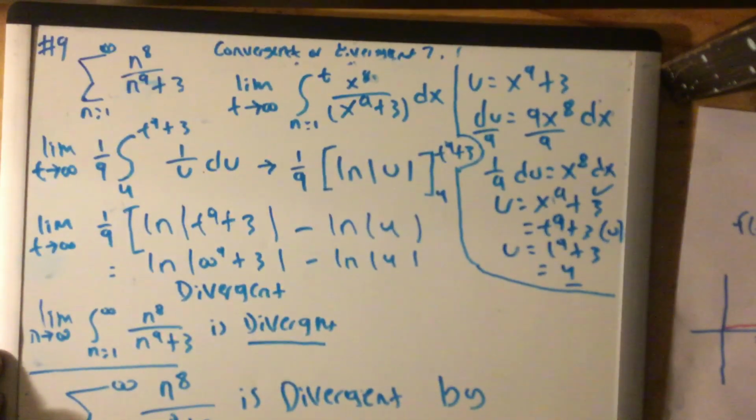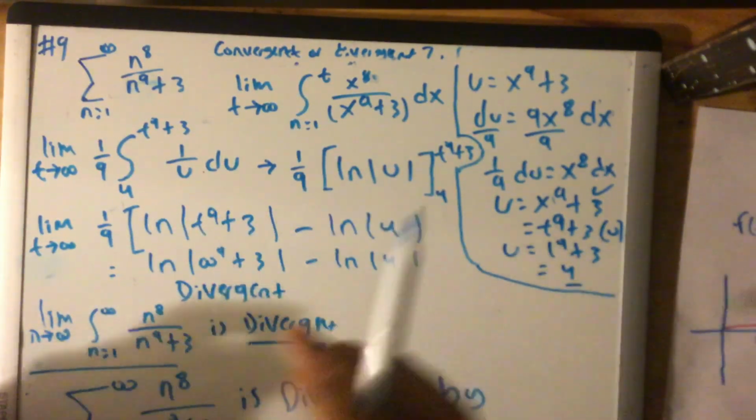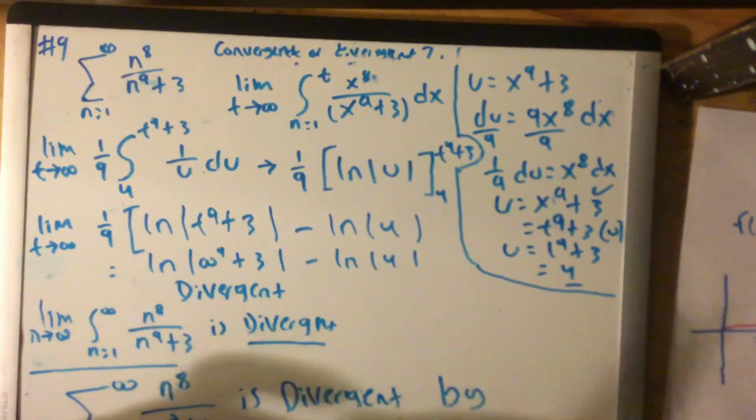For a quick summary, we replaced the bad part with t. We took the integral from 1 to t of x to the power of 8 over x to the power of 9 plus 3, and then we used the u substitution to solve for that.